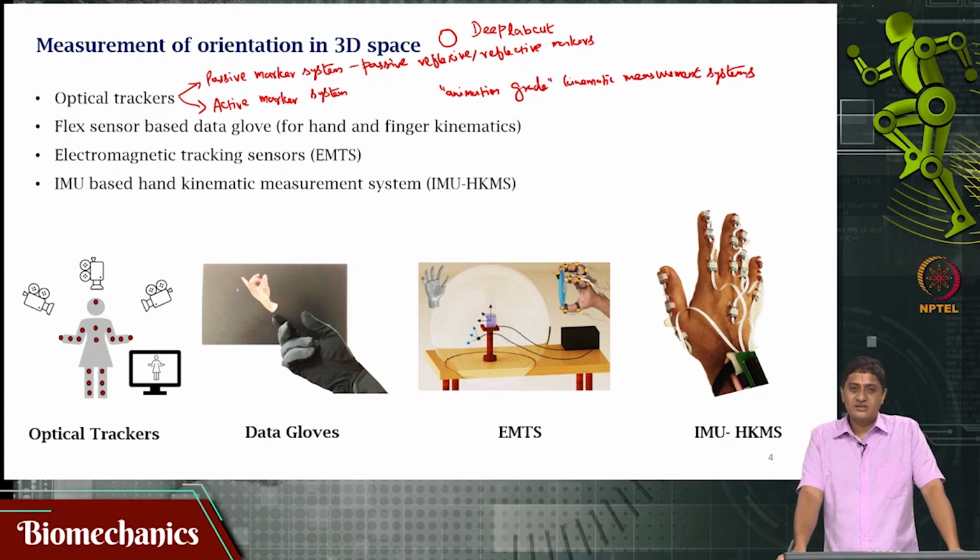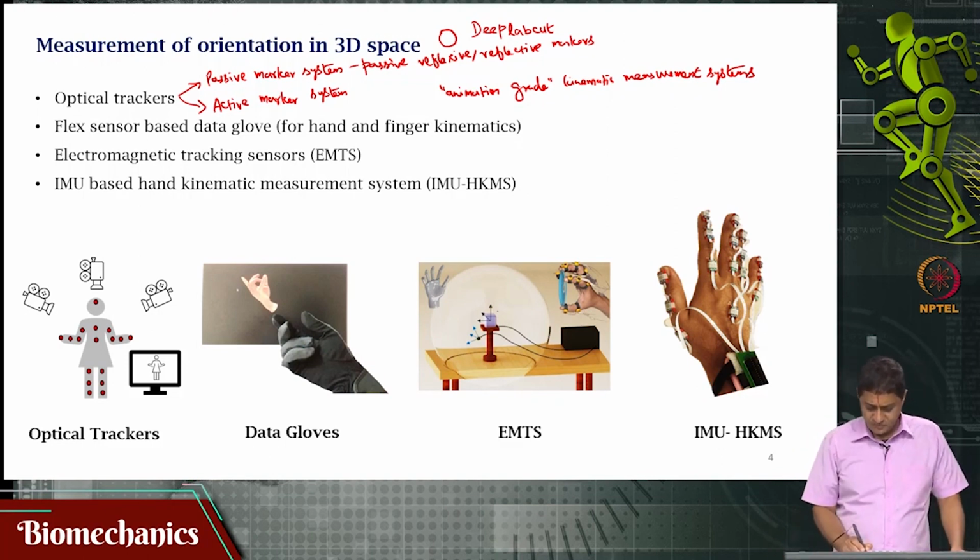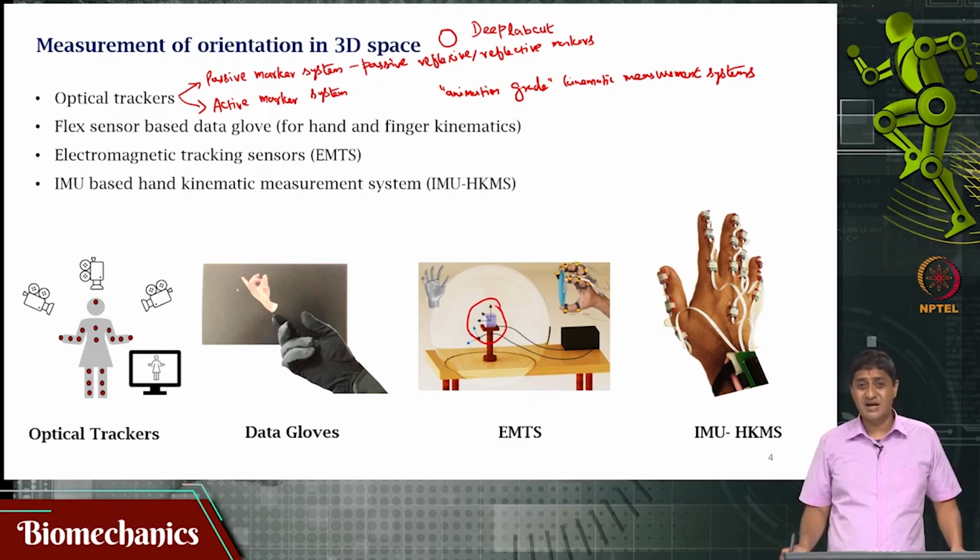Those that use electromagnetic trackers, the idea is that there will be one transmitter like the one that is shown here. This is our lab setup. This is the equipment that we use in our lab. This is exactly the arrangement that we use in our lab, the neuromechanics lab at IIT Madras. We keep the transmitter at one point, and it sends out a magnetic field.